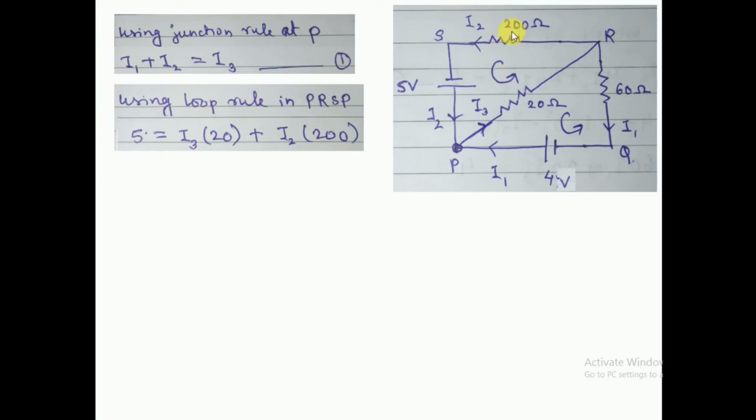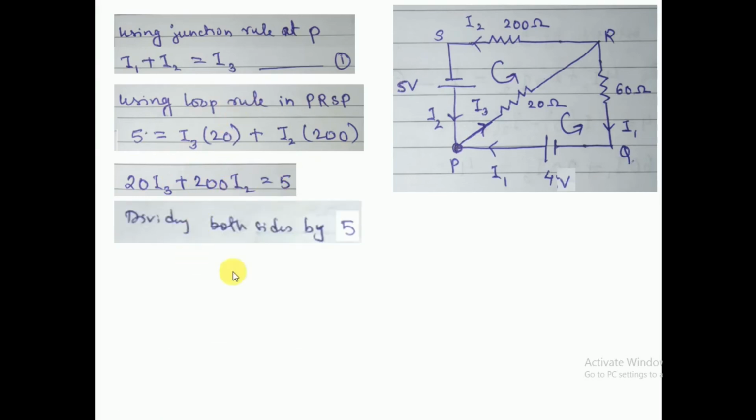So this is also positive, so I'll write 200 I2. So I can write 20 I3 plus 200 I2 is equal to 5. So I've got the second equation also.